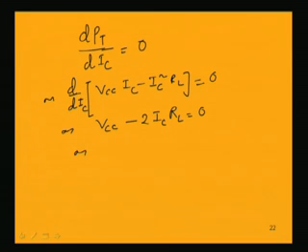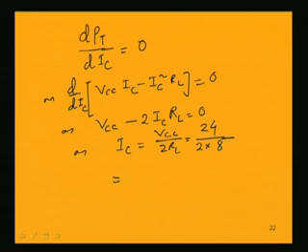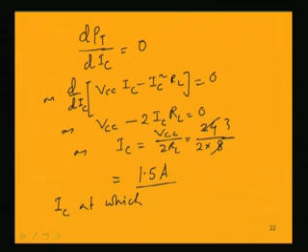Or the collector current is VCC by 2 RL, and VCC is equal to 24 volt, RL is equal to 8 ohm. So, we get 1.5 ampere as the current for which the power dissipation will be maximum, and this is the current IC at which PD will be maximum.